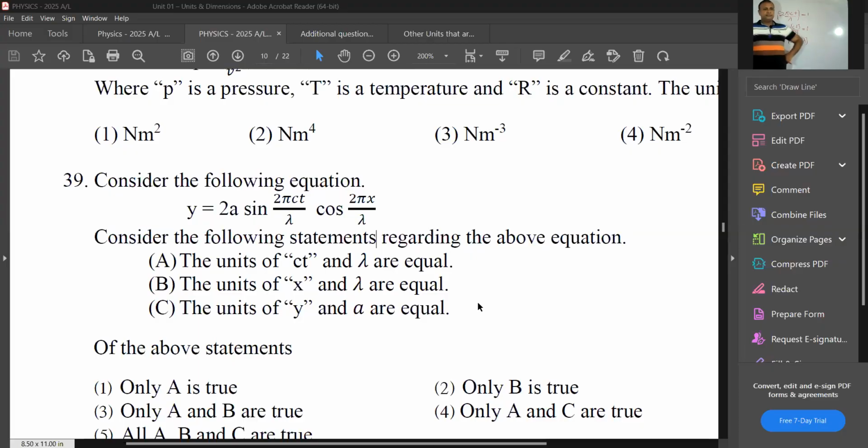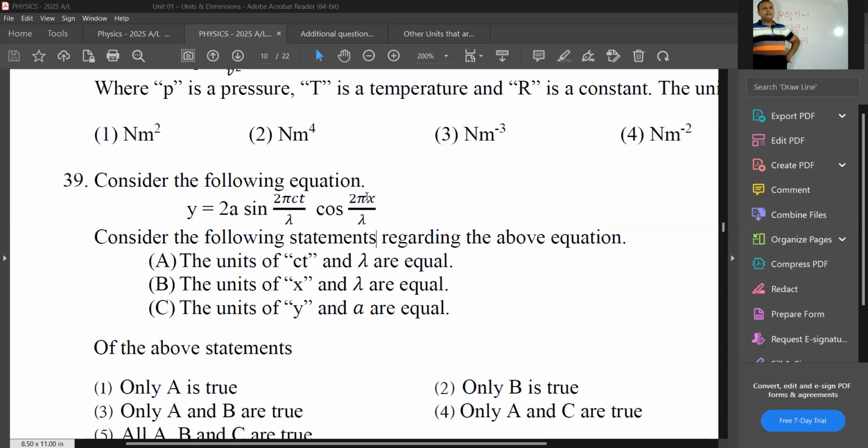Then statement number B. Is that correct? Yes. Others? Statement number B. Yes, we can use the same argument.